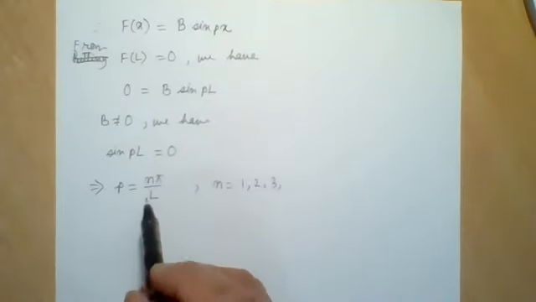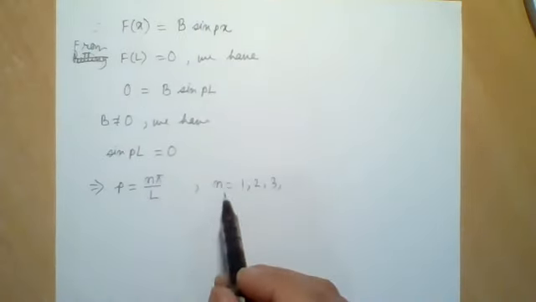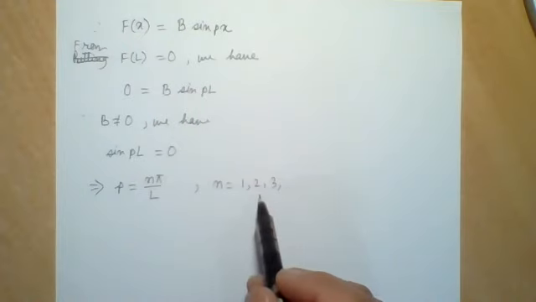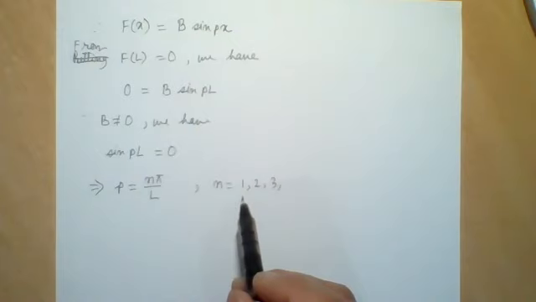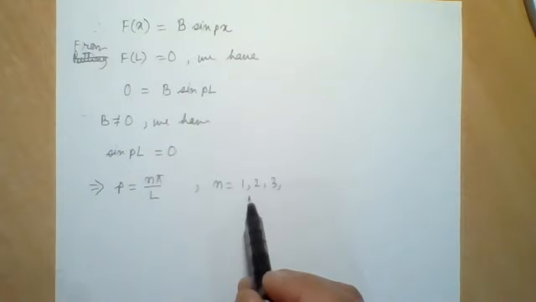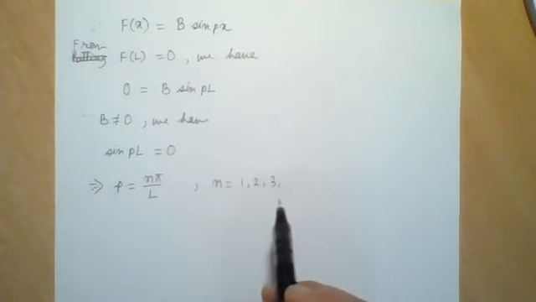So n can take only non-zero integral values. n can also take negative values, but that does not give us new solutions. It is sufficient to consider only positive integral values of n.